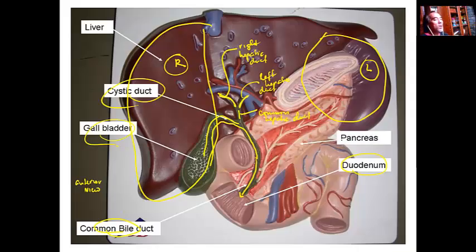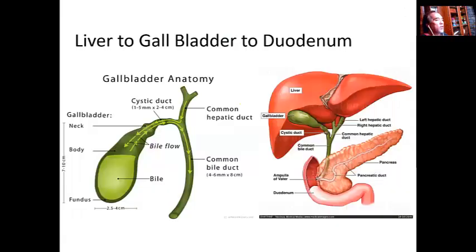Okay, following the lobes. So this is how it looks. This is my right hepatic duct, left hepatic duct, common hepatic duct. And this is going to be my cystic duct to the gallbladder, then from the gallbladder, cystic duct to the common bile duct. This is the same picture as we have here.